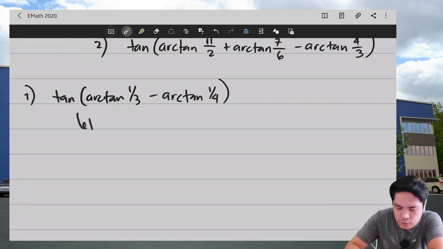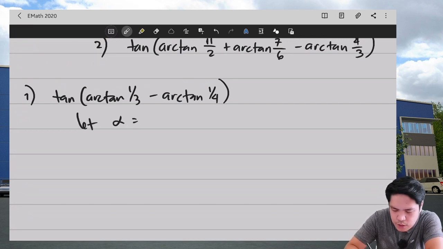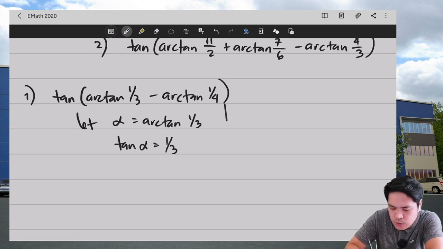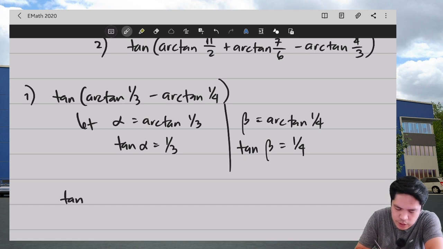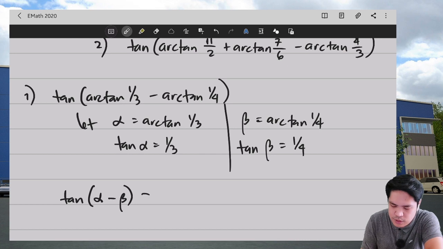If we let alpha be equal to arc tangent 1/3, it follows that tangent alpha is equal to 1/3. And if we let beta be equal to arc tangent 1/4, it follows that tangent beta is equal to 1/4.